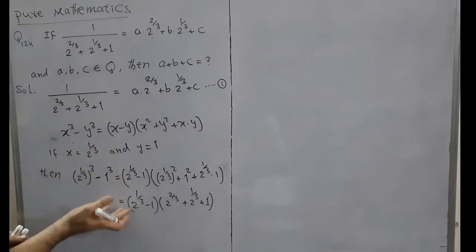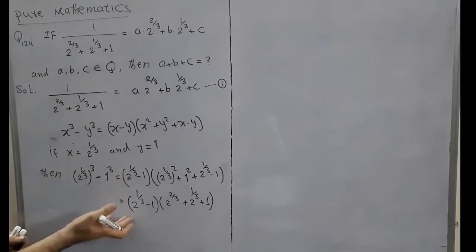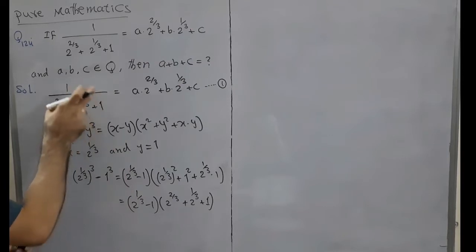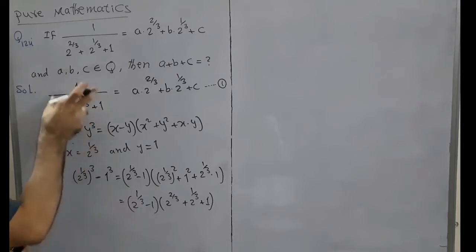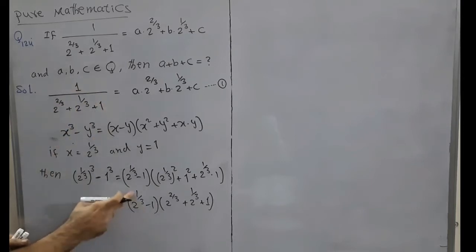Now, according to this formula, we multiply both sides, numerator and denominator, by 2 to the power 1 over 3 minus 1.